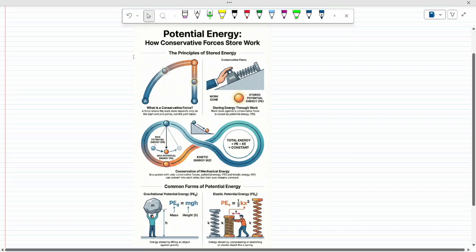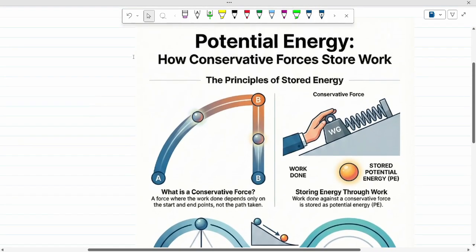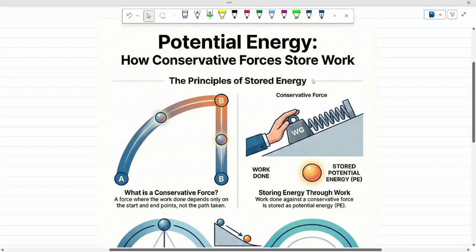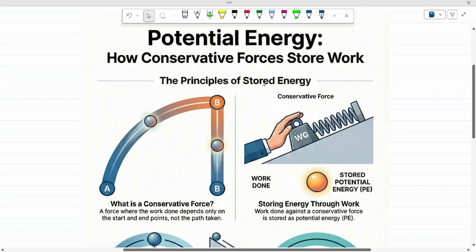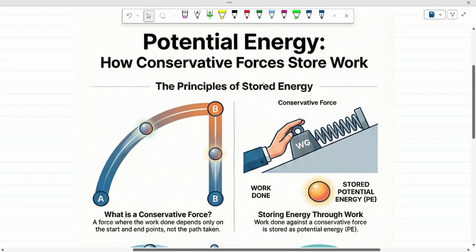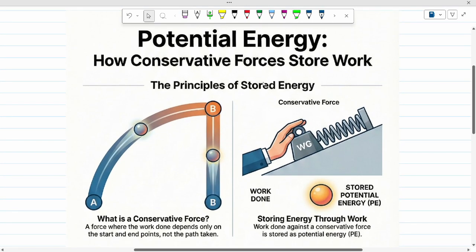At a conceptual level, you could say that conservative forces store energy, whereas non-conservative forces don't. So when a conservative force does negative work, taking kinetic energy from a system or an object, you have some way to be sure that you are going to be able to get it back. That's what it means when I say conservative forces store work or energy.